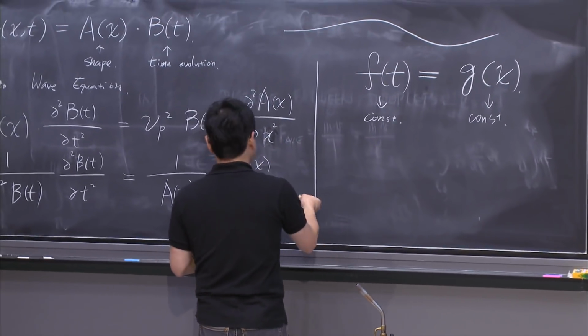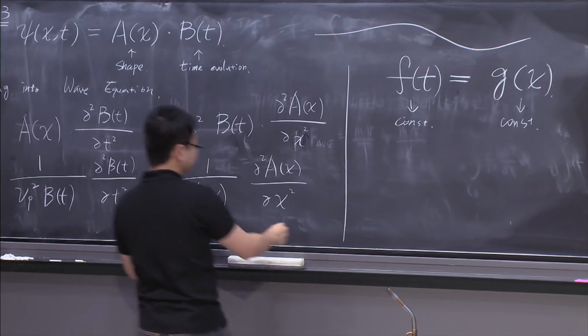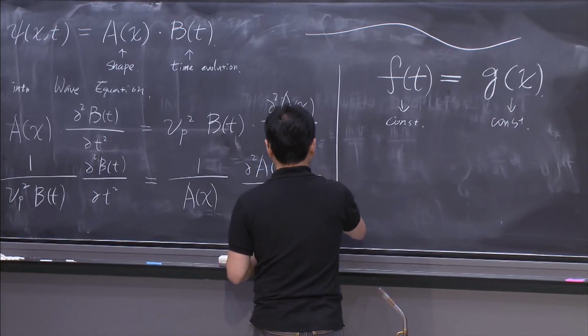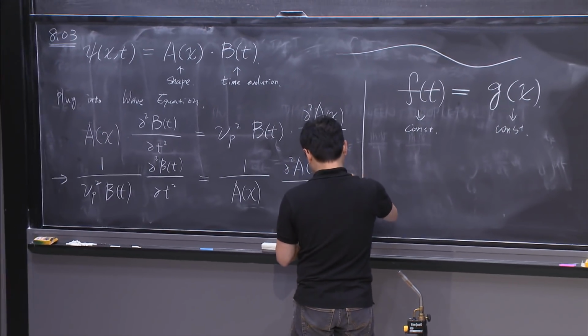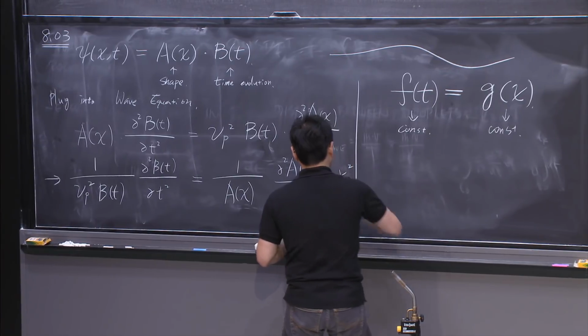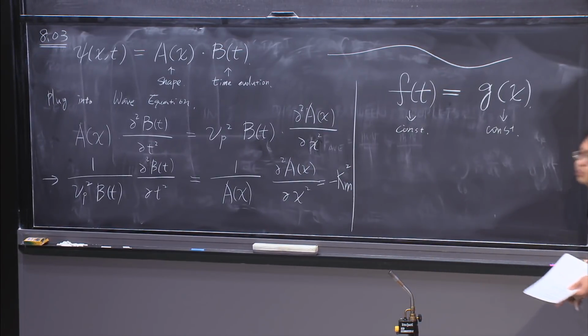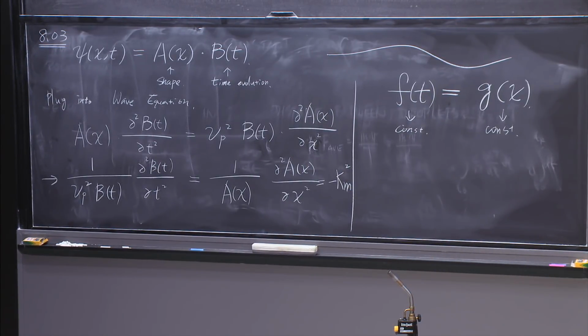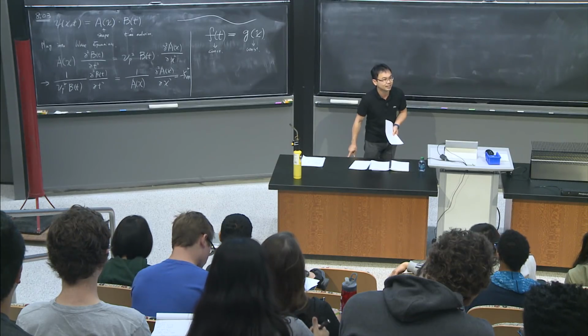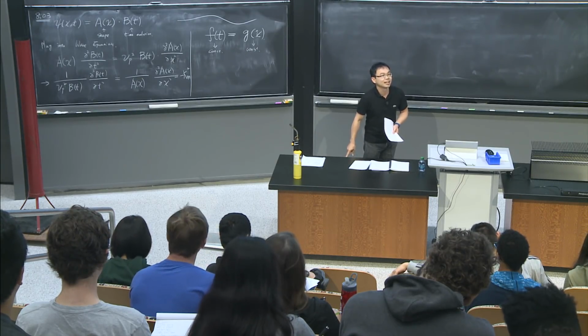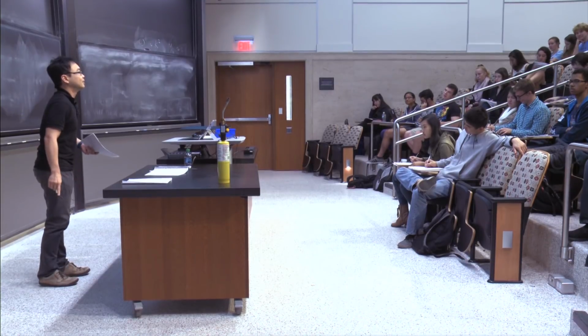That means I can say this is equal to that is equal to a constant. As usual, I call this constant a really strange fancy name, minus kn squared, which you would not like, but later you will like it.